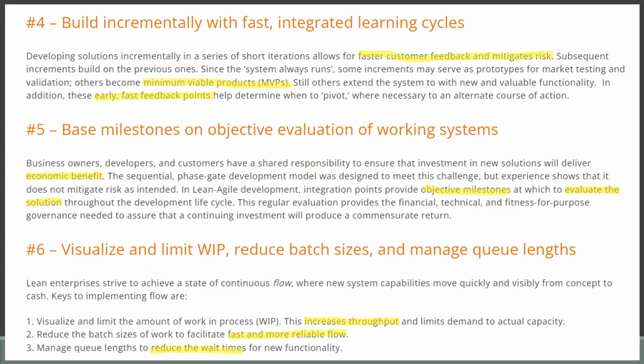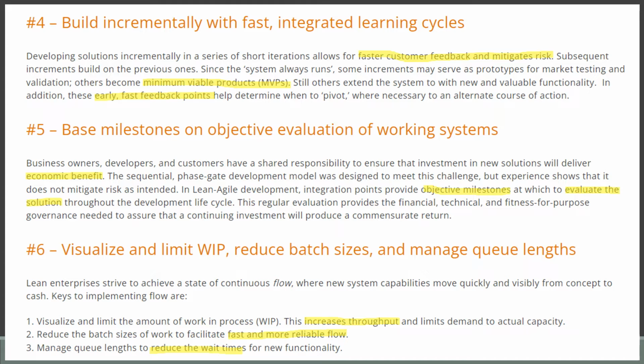The fourth one is build incrementally with fast, integrated learning cycles. Right? This is where Scrum, XP, and Kanban come into the picture, along with the usage of minimum viable products, right? Using sprint reviews and sprint retrospectives and getting faster customer feedback mitigates the risk.